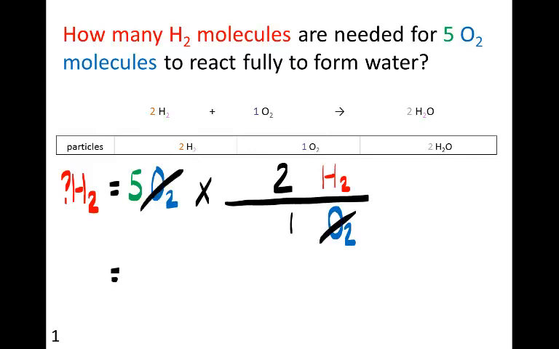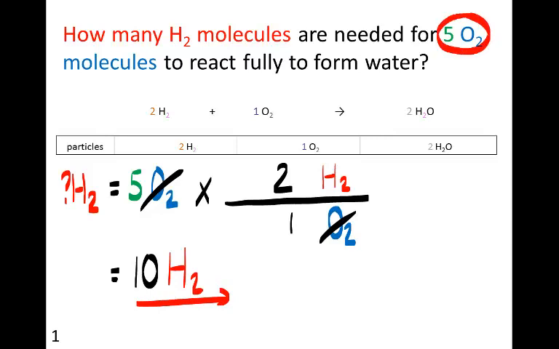Cancel away oxygen molecules. 5 times 2 is 10 hydrogen molecules. And obviously, if we have 5 oxygen molecules, we need to have 10 hydrogen molecules to react with them, because always you need double as many hydrogen as what you have oxygen for this particular reaction to form water.